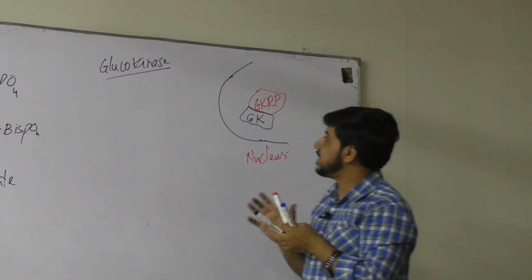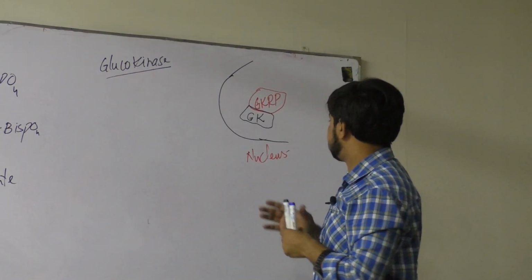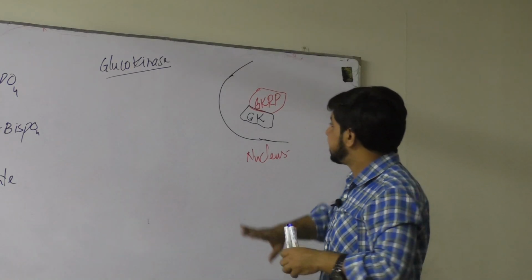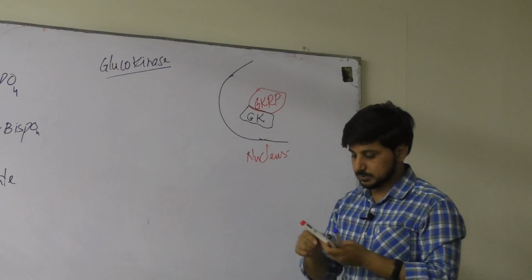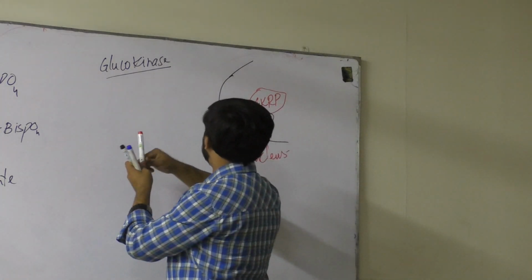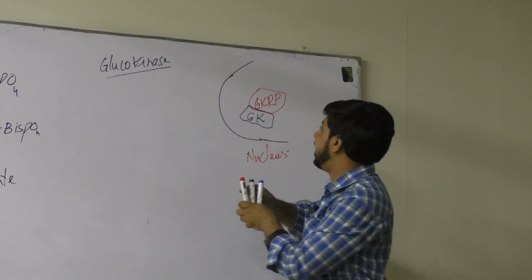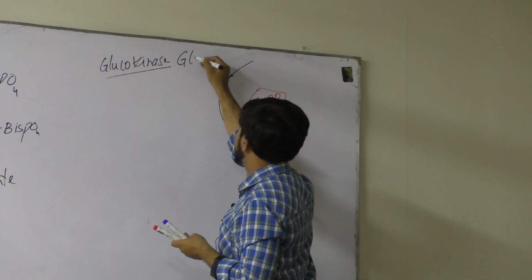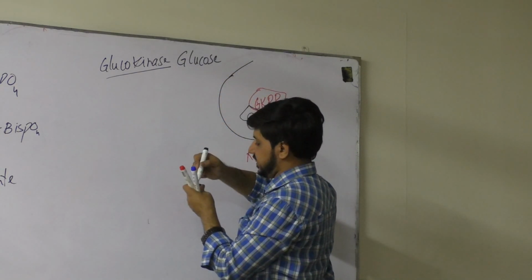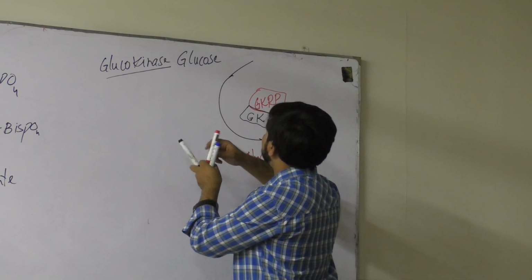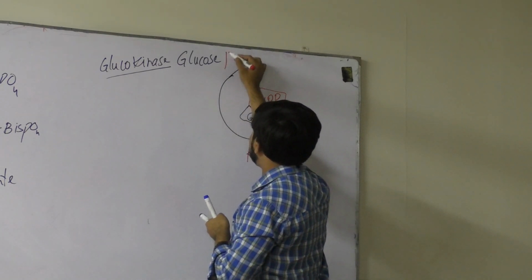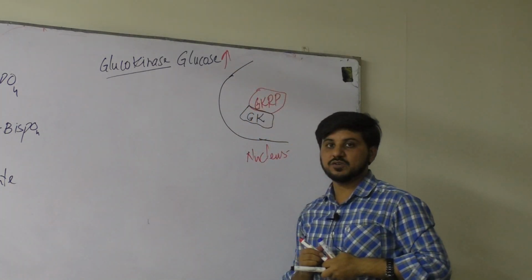So, what is going to take place is that whenever there is an increased level of glucose in the blood, suppose this is the glucose, and when this glucose level is increased, then what will happen?